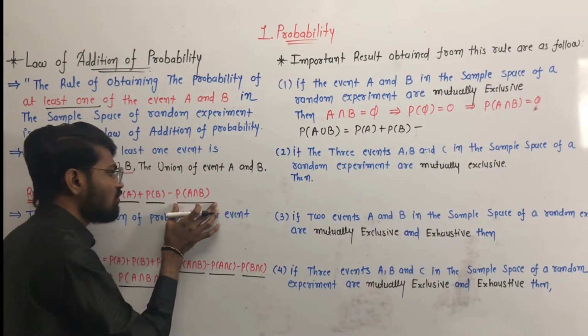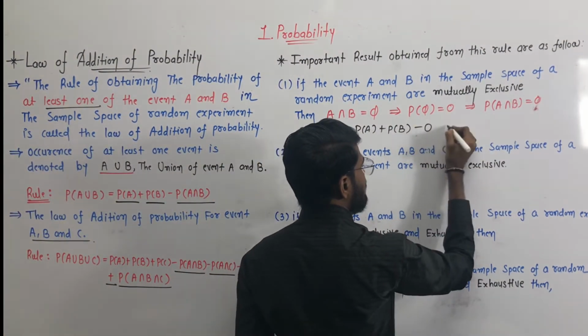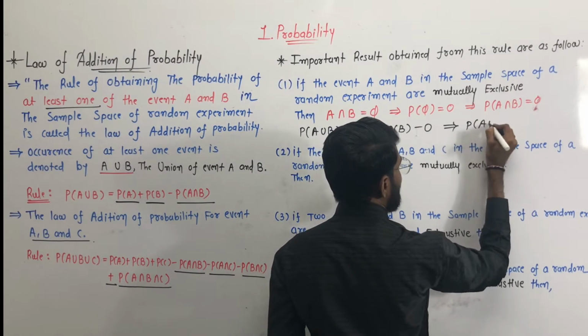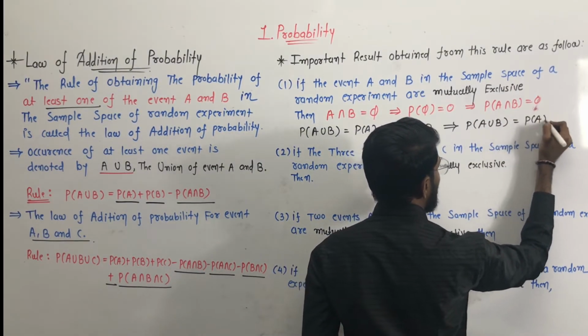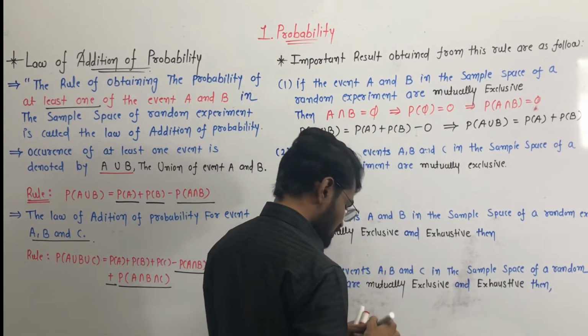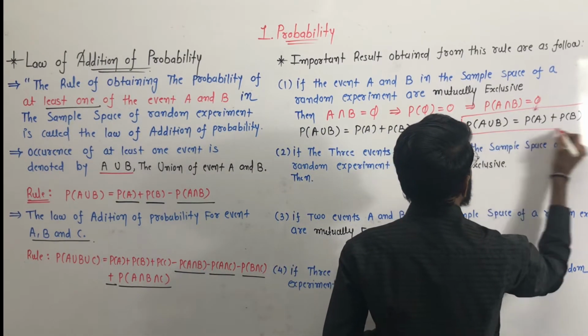So our equation is that P of A union B is equal to P of A plus P of B. Clear? When two events A and B are mutually exclusive.